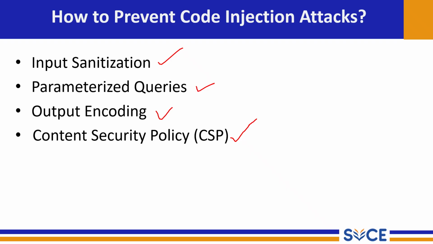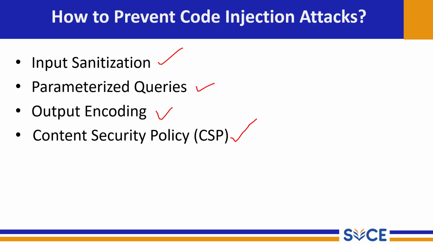Okay, and the last one, content security policies. Content security policy is a security mechanism implemented in the browser that prevents the execution of unauthorized scripts on a web page. This CSP helps to reduce XSS attacks by specifying a strict set of rules about how your website behaves, such as whether or not scripts can be included from untrusted sources.